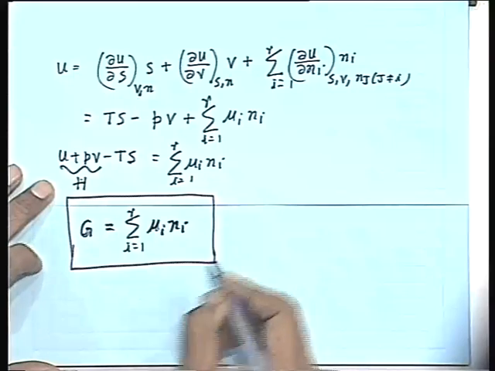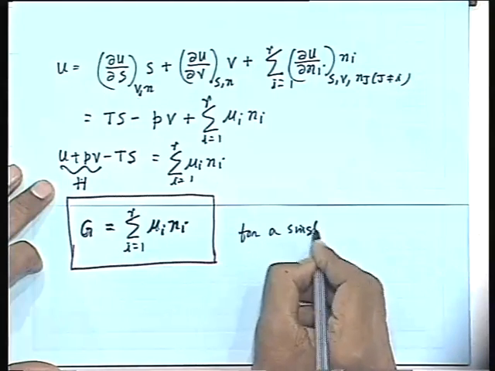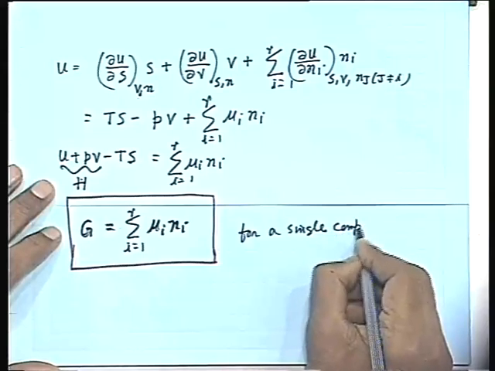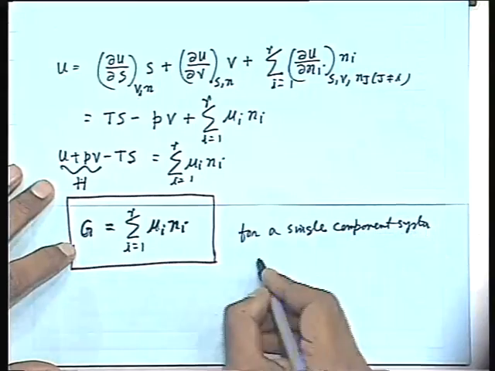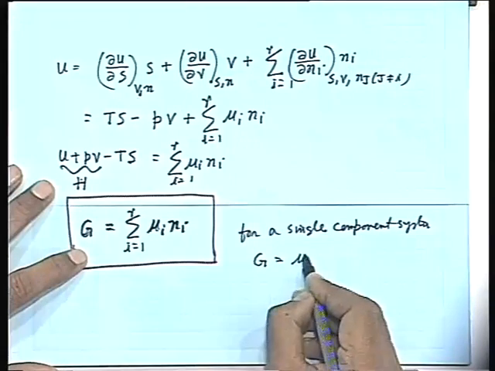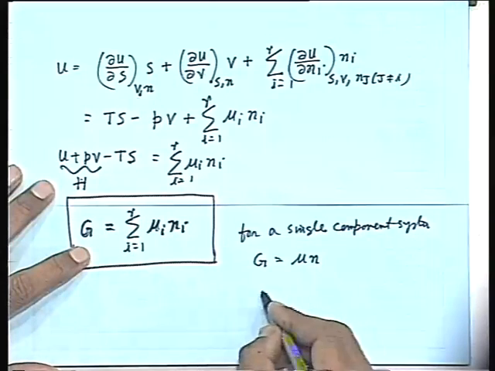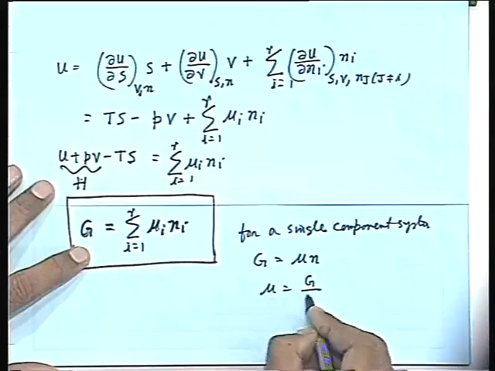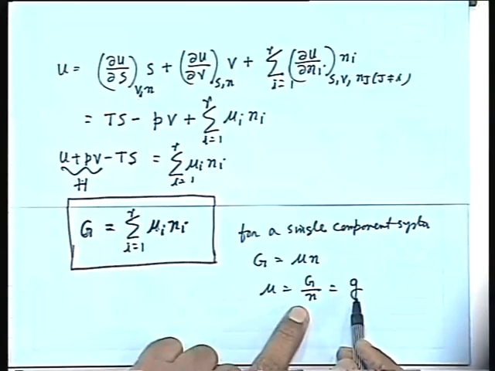Now for a single component system, a very interesting result comes. G becomes equal to μ times n, because there is no sum over i from 1 to r. Therefore μ = G/n, which is small g. For a single component system, how do you define the molar property?